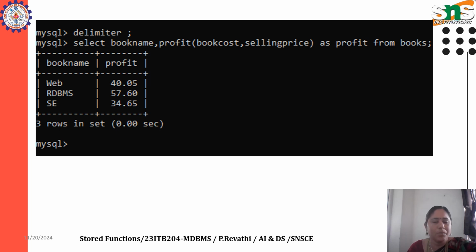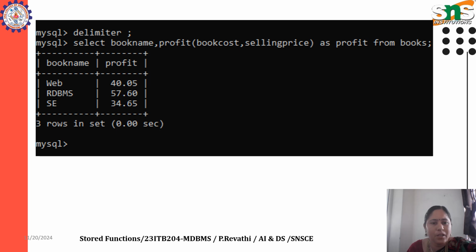Select book name comma profit, book cost comma selling price as profit from books. Here only two values are selected from the books table, that is book name and profit. Profit is the title name and books is the table name.